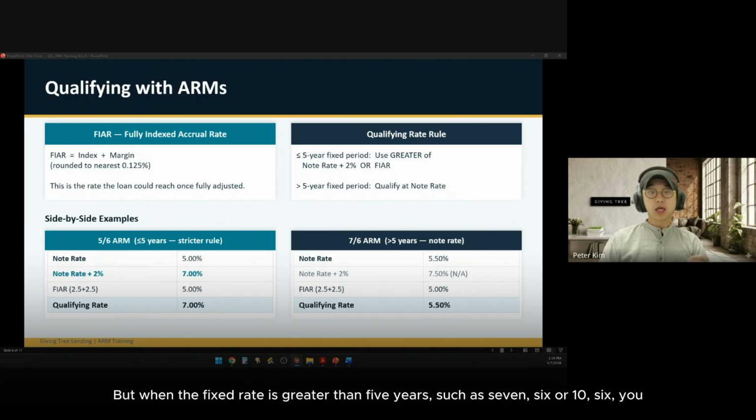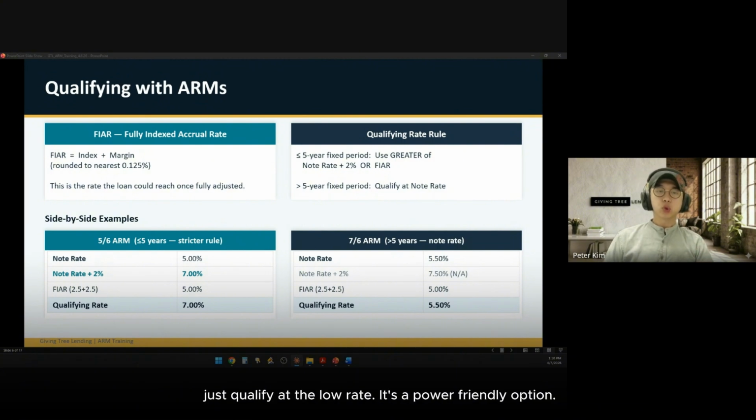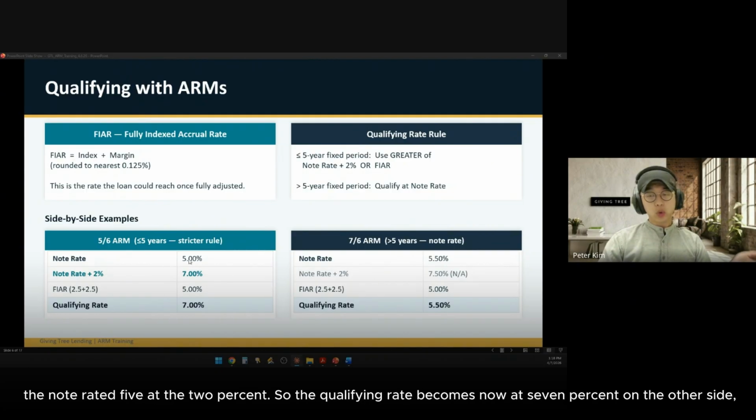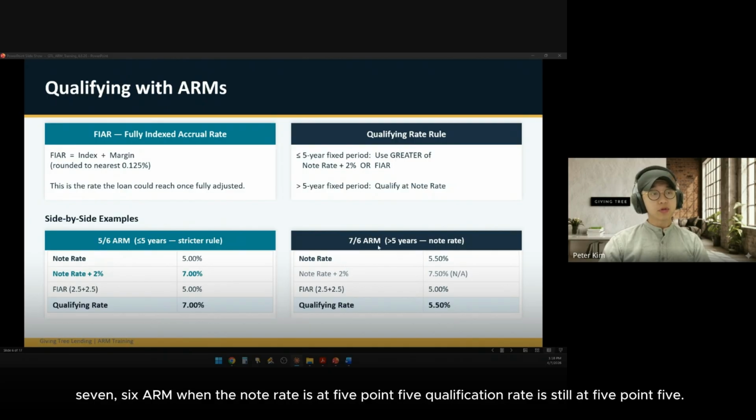But when the fixed period is greater than 5 years, such as 7/6 or 10/6, then you just qualify at the note rate. It's a borrower-friendly option. Look at the examples on this screen. For the 5/6 ARM, when the note rate is 5%, add the 2%, so the qualifying rate becomes 7%. On the other side, for the 7/6 ARM, when the note rate is 5.5%, the qualifying rate is still 5.5%.